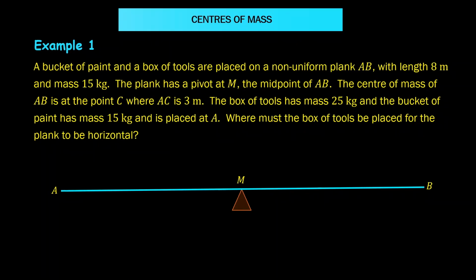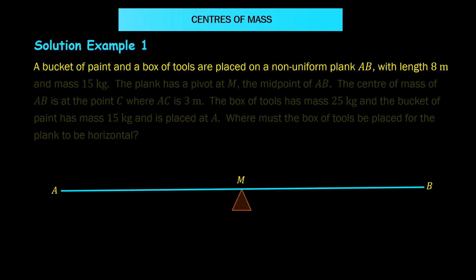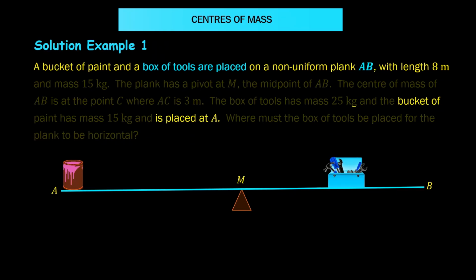So here's our rod AB and the midpoint M as shown. The bucket of paint is placed at A as shown, and the box of tools are placed somewhere on this non-uniform plank AB.